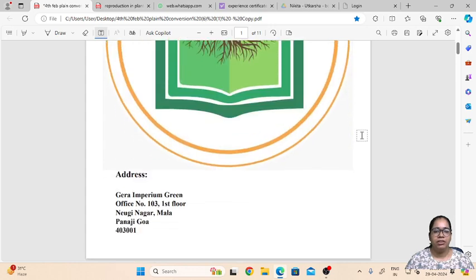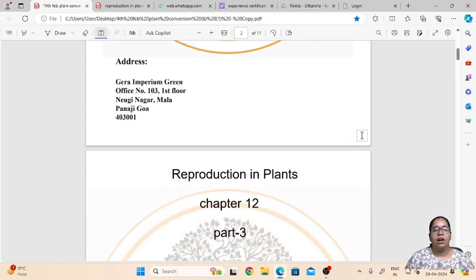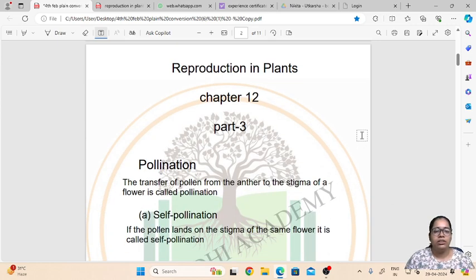In our previous classes, in our part 1 and part 2 videos, we have studied about the asexual mode of reproduction and the sexual mode of reproduction. In today's class, let us see what is the meaning of pollination. Pollination is basically transfer of pollen grains from the anther to the stigma of a flower, and this process is called pollination.